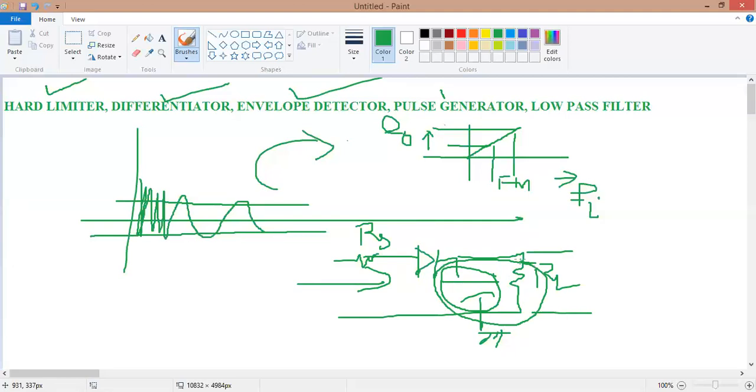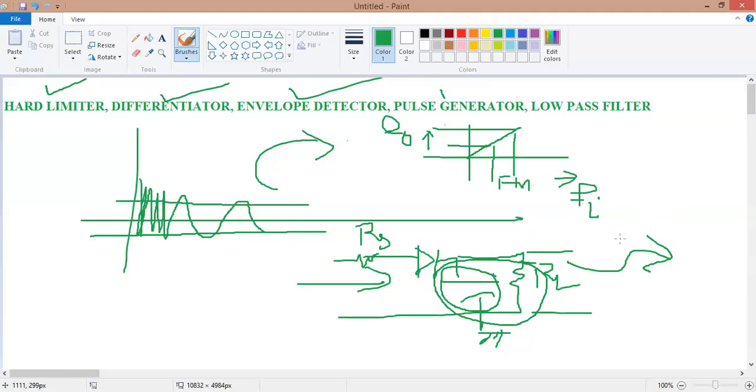When it is absent, only RL is present, and it can act like a straightforward half-wave rectifier. If it is a half-wave rectifier, then that output should be passed through the pulse generator. If it is an envelope detector, the output may be passed directly through the low pass filter, and you will get your message signal back. So this is the fundamental thing about our FM demodulation.